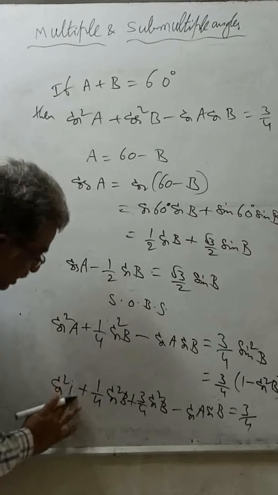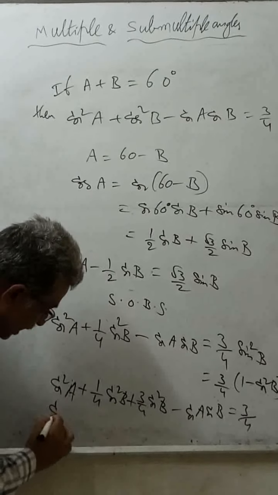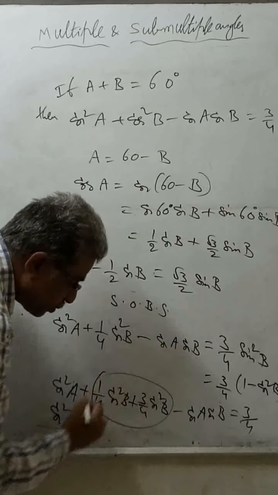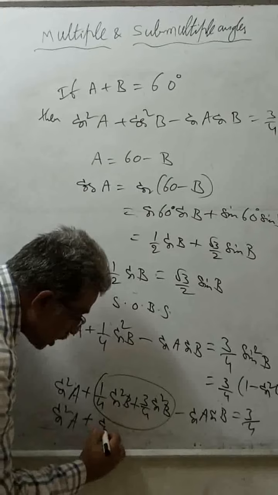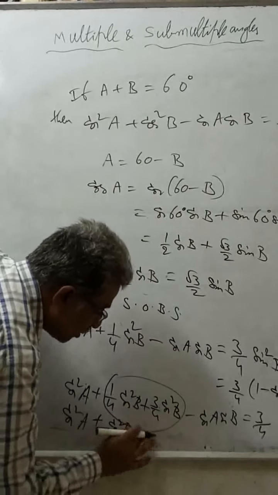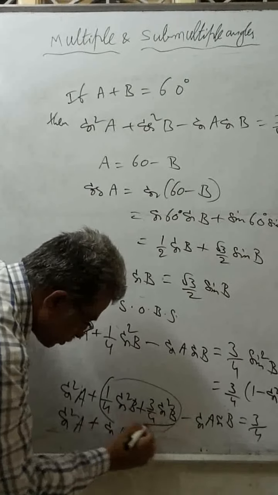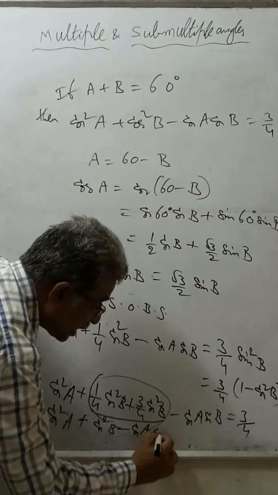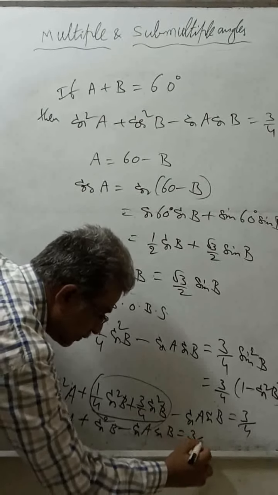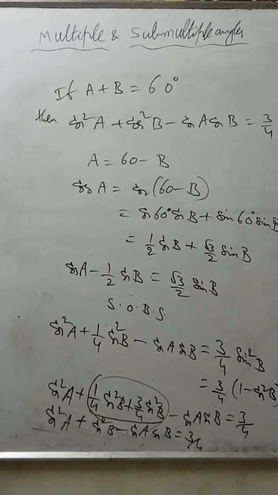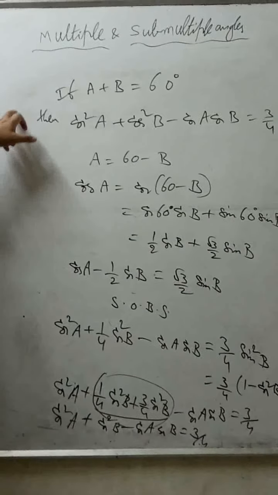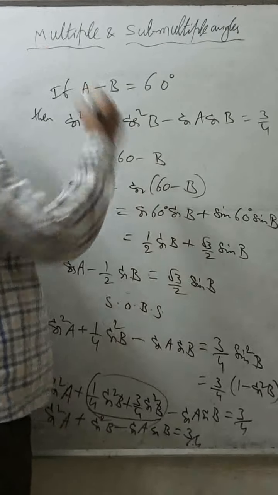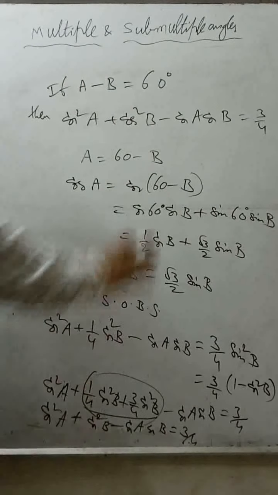So this is cos square a plus 1 by 4 plus 3 by 4 becomes 1 cos square b, minus cos a cos b equal to 3 by 4. Hence proved.